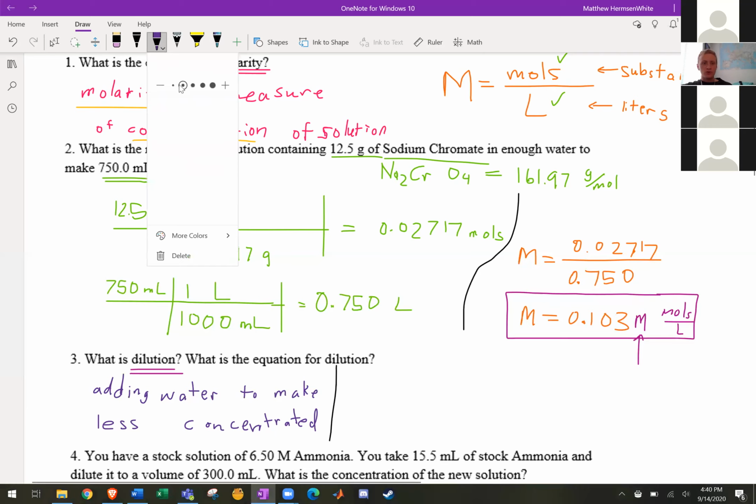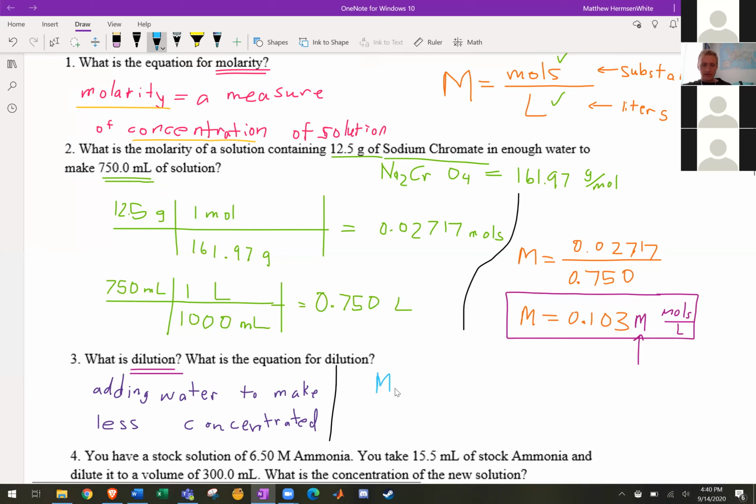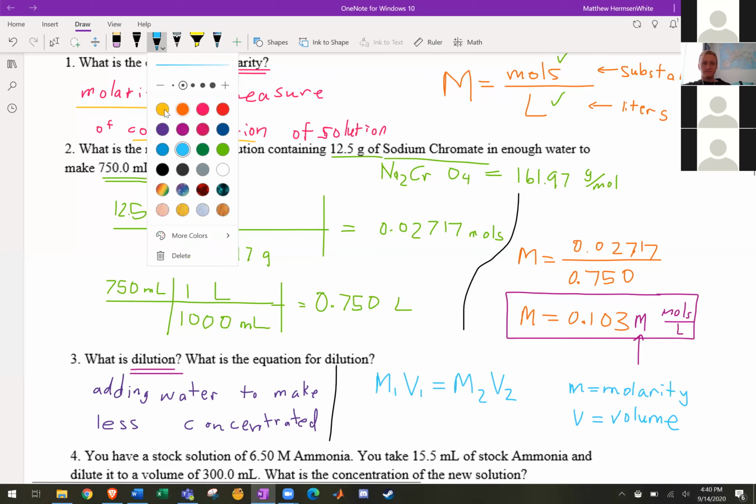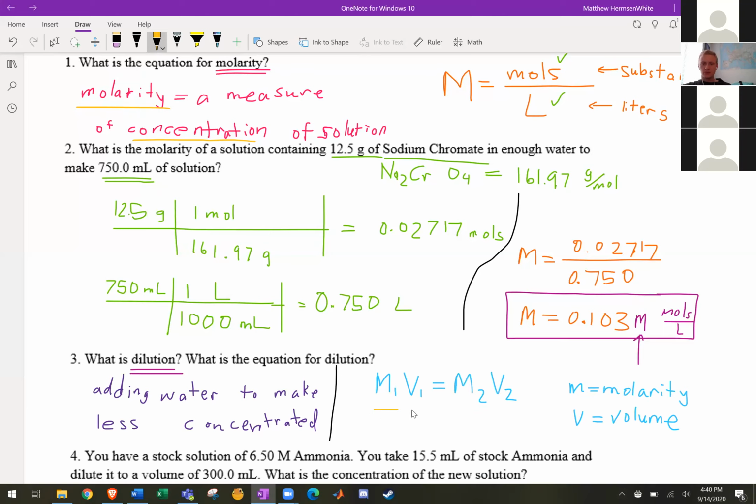Now, the equation we use for dilution is M1 V1 equals M2 V2, where M is going to be the molarity and V is going to be the volume. So you're taking some amount of, let's call it your Kool-Aid.